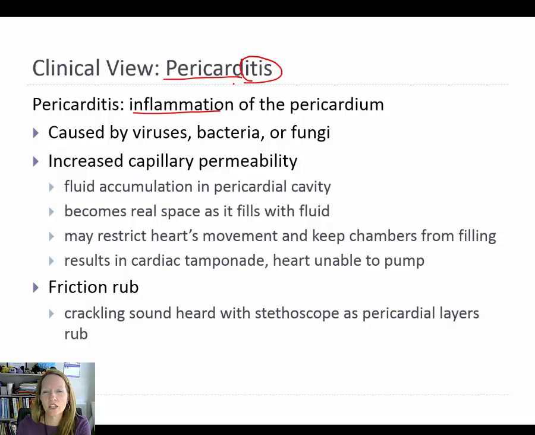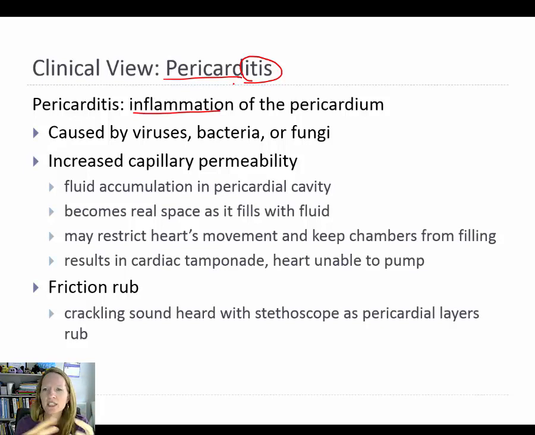More serous fluid is going to seep out and collect into that pericardial cavity, which is not good because you want a little bit in there, but you don't want a whole bunch. It's like overfilling a balloon that you're trying to put a fist in. If you have something that's overfilled, that's not going to allow the heart to move like it needs to. Remember that the heart needs to contract and relax, contract and relax.